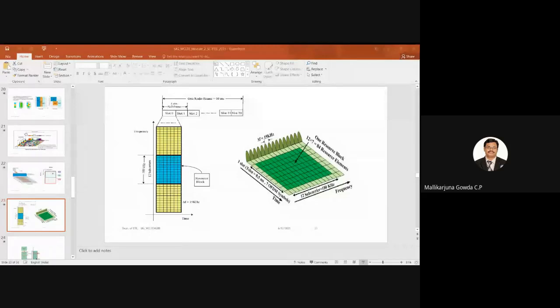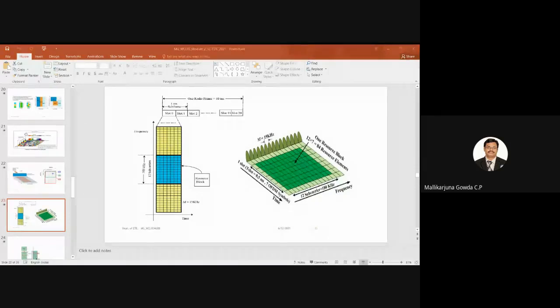So 2 slots is 1 subframe, already told, which is equal to 1 millisecond. How many subframes will be there? 10 subframes and 20 slots. So slot 0 means 7 OFDM symbols. So one radio frame in case of LTE is 10 milliseconds in duration.